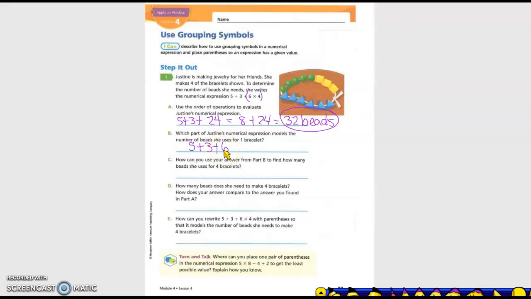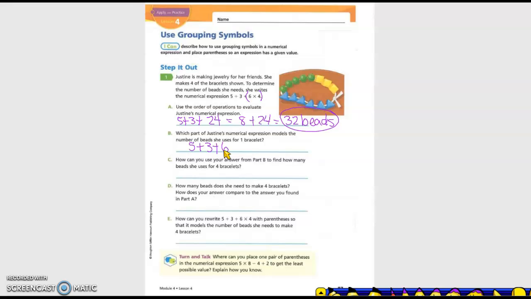How can you use your answer from part B to find out how many beads she uses for 4 bracelets? So we would have done what? Added all of that up, right? And then taken that times 4.